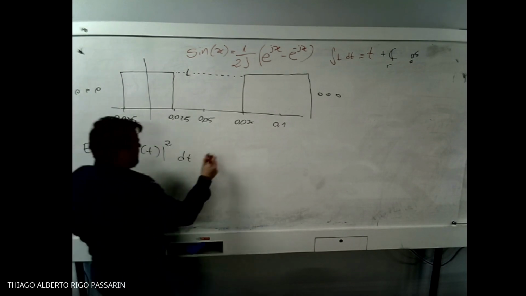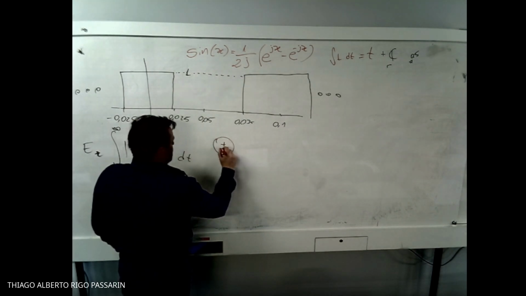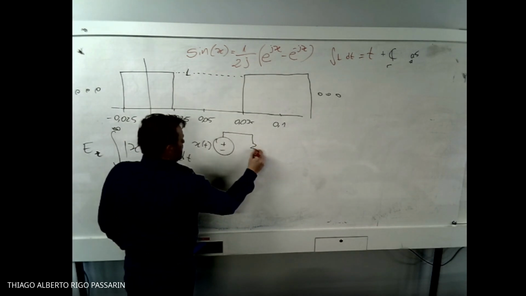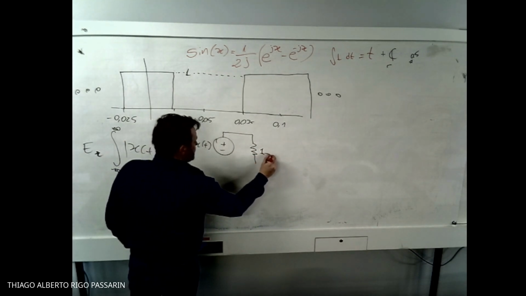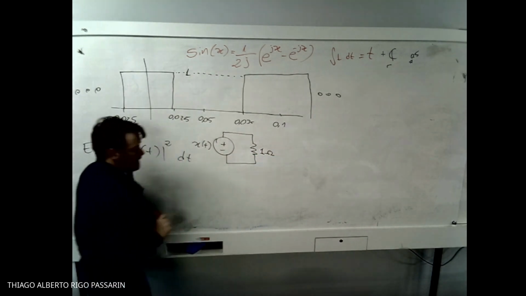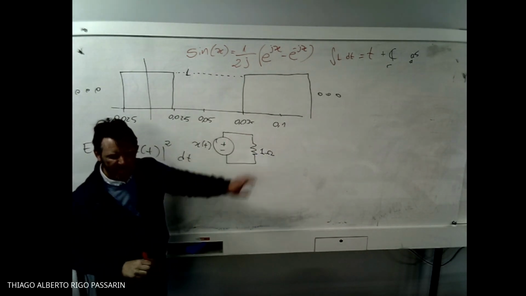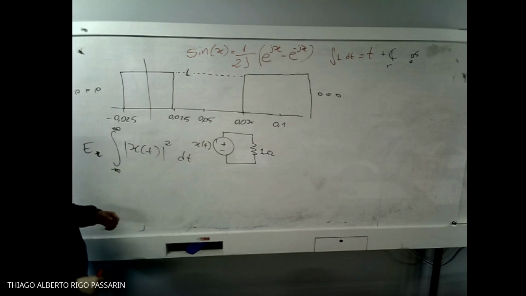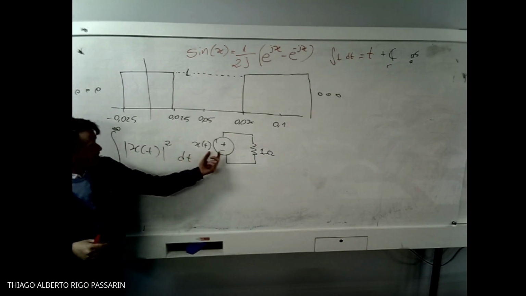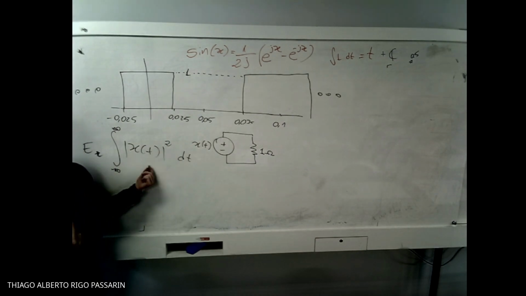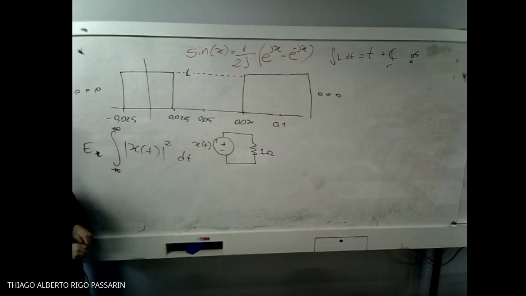It's as if I had the signal here, just over 1 ohm resistance. Then if I compute the energy spent here, which is the power integrated in time, then it's voltage squared divided by 1. I integrate it over time, I get the energy.